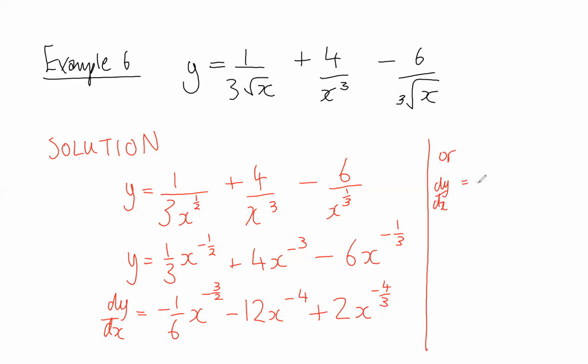If you don't like, you can write minus 1 over 6x to the 3 over 2 minus 12 over x to the 4 plus 2 over x to the 4 over 3. Okay, so that is trickier than is in your assignment. So let's do one last example, and then there's 2 exercises for you to do.